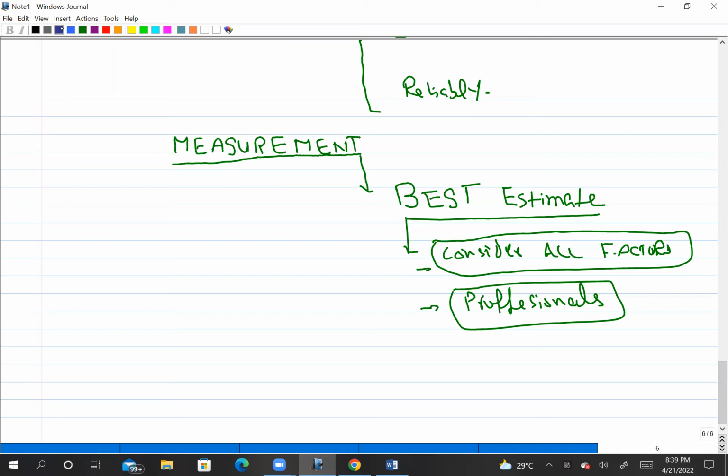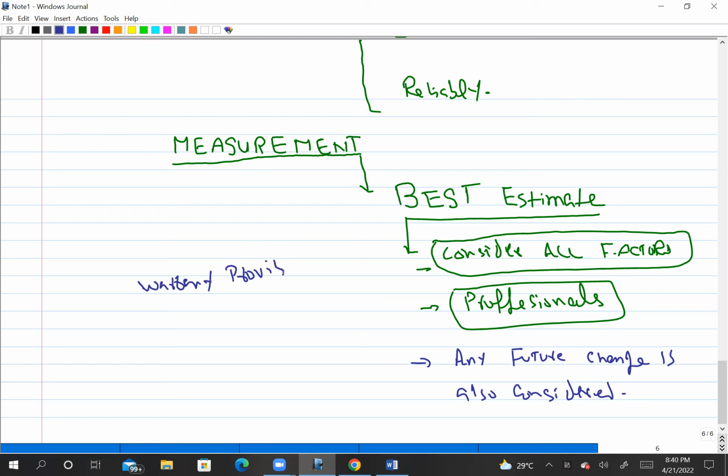And any future change is also considered. Now, what does this mean? For example, we know that we are going to make a provision. Let's talk about the warranty provision.